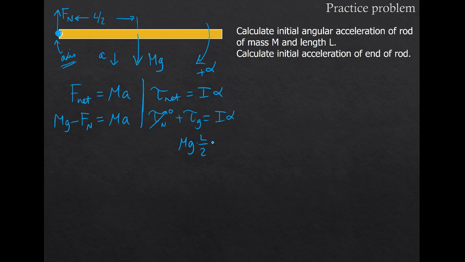Okay, so that's the torque, and then what we do is we look up the moment of inertia for a rod at one end, which is 1/12 ml squared. You can look that up. And we can therefore find alpha. So our m's cancel, l's cancel, that turns into a 6. So this means that alpha is basically equal to 6g over L.